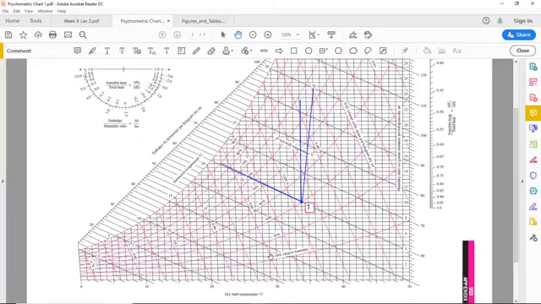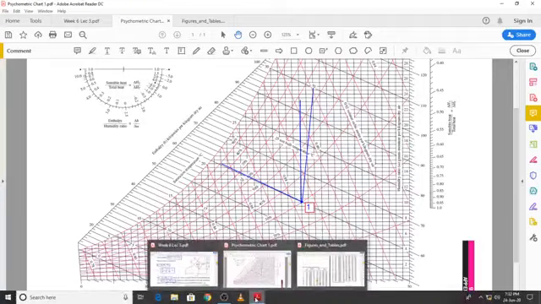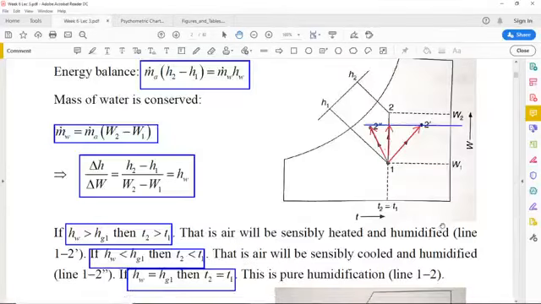Then we will further look at the case of humidification using liquid water, that is when hw is less than hg1. And for that particular case, there are further three possibilities.